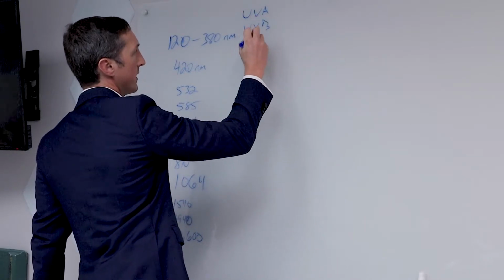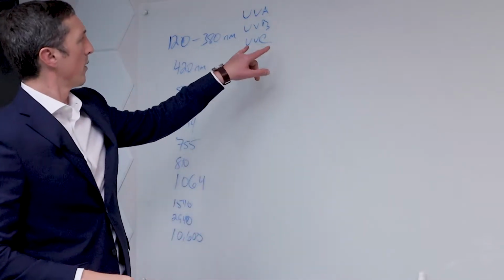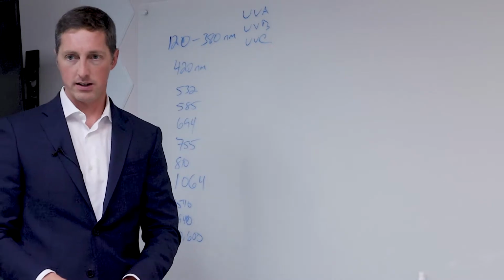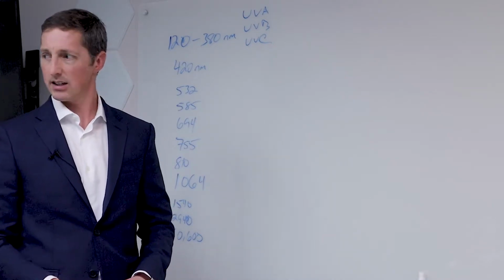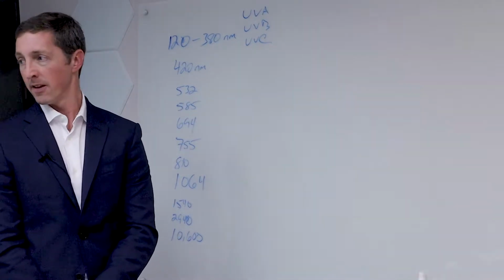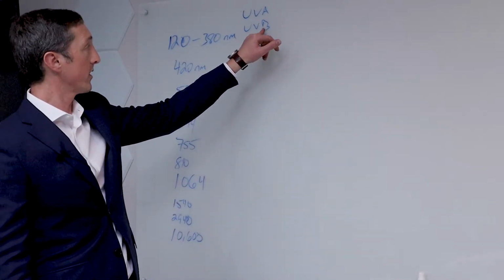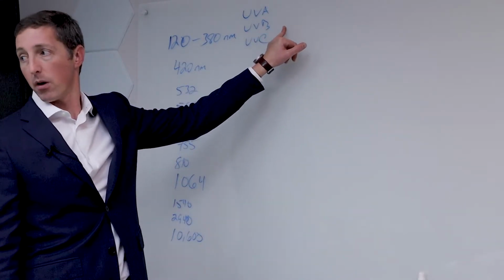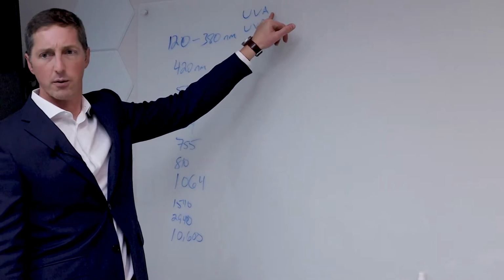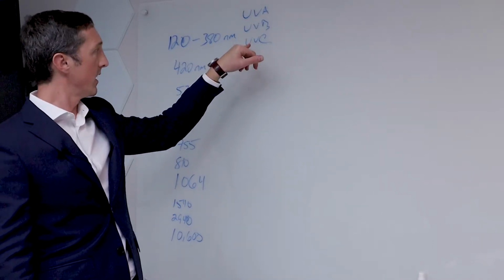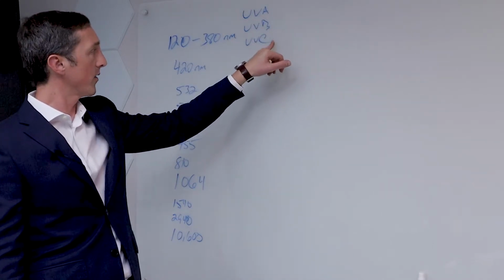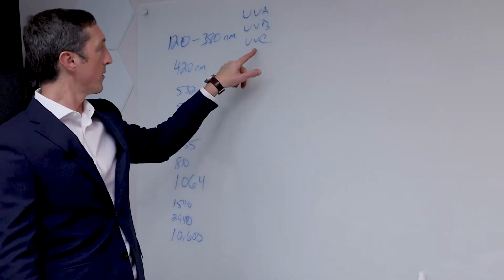What are we concerned with here, and why? So we know that ultraviolet radiation, UVB, causes burning to the skin. UVA causes photoaging to the skin. And UVC is largely actually filtered out by the ozone layer, so we're not concerned with this.